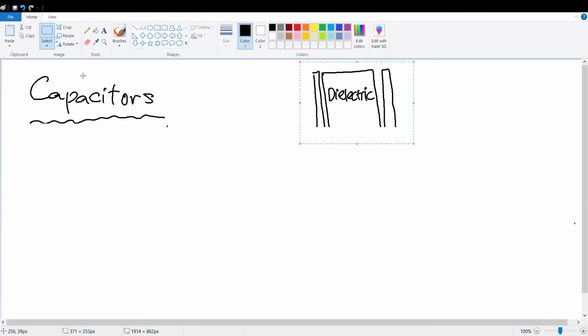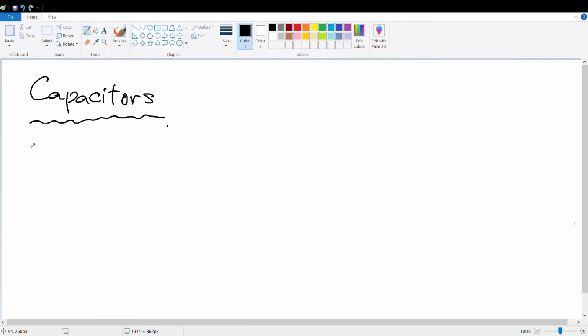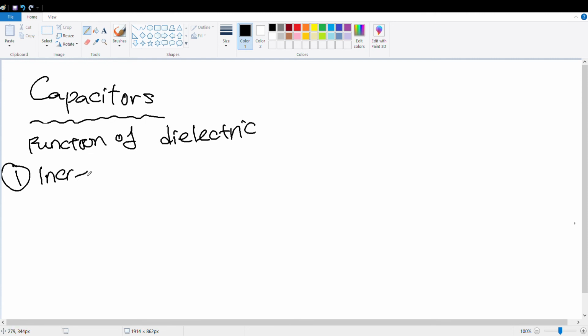The function of the dielectric is to increase the capacitance of the capacitor.